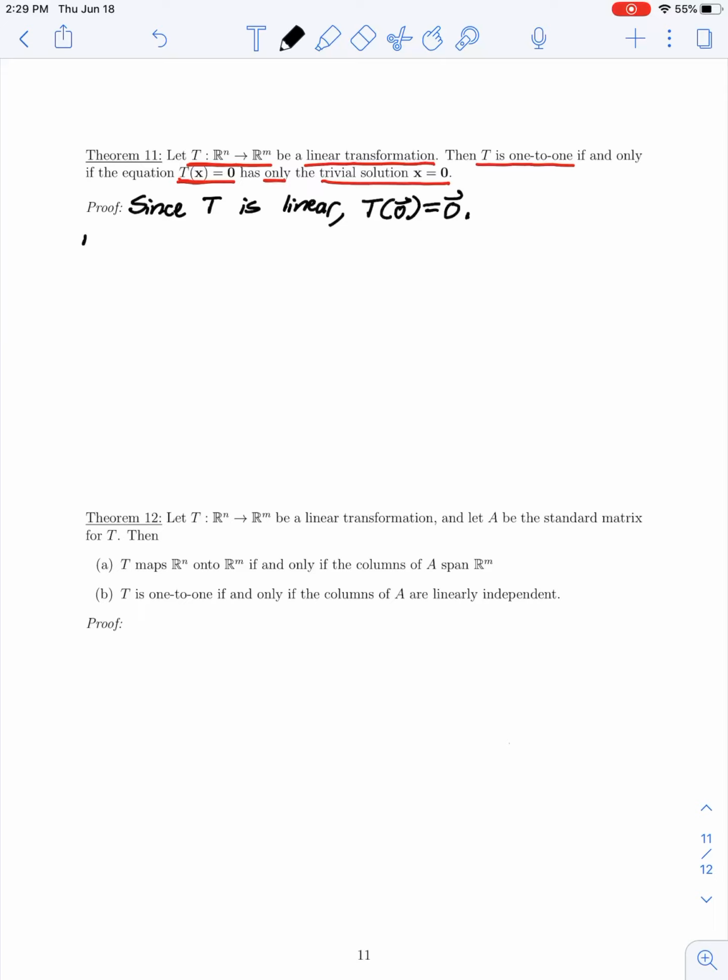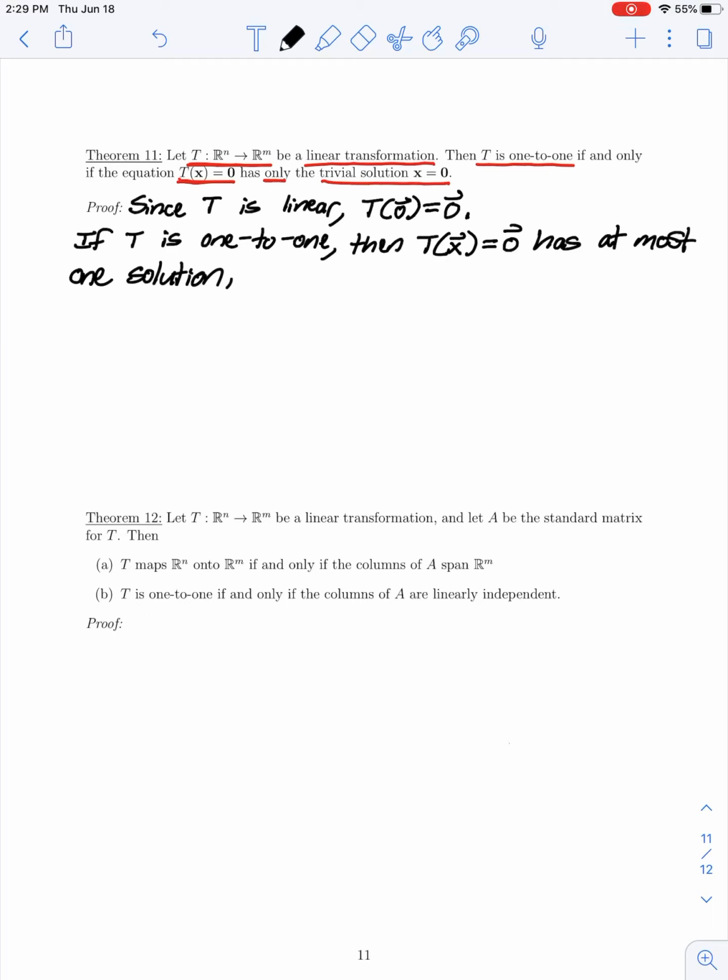Now if the mapping T is one-to-one, then the equation T of x equals 0 has at most one solution.